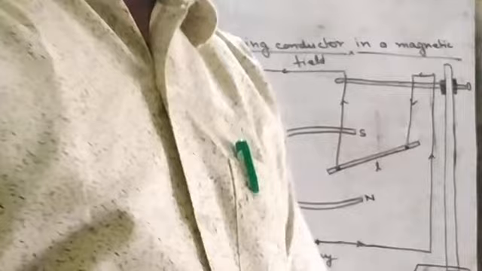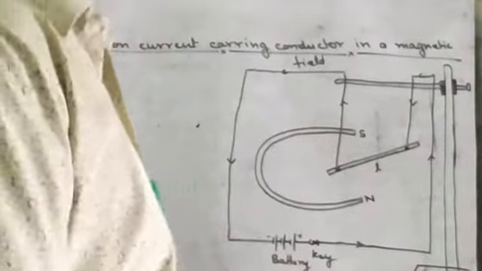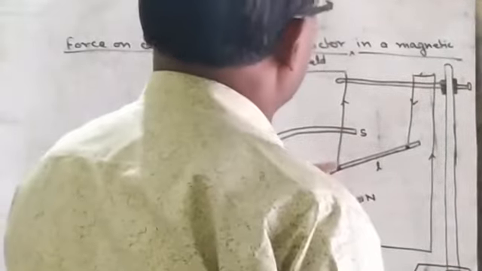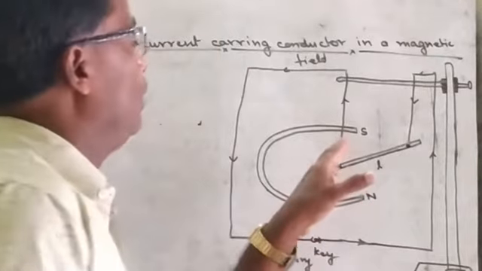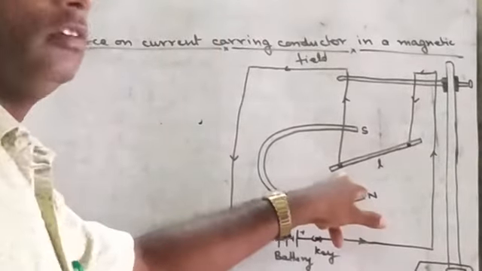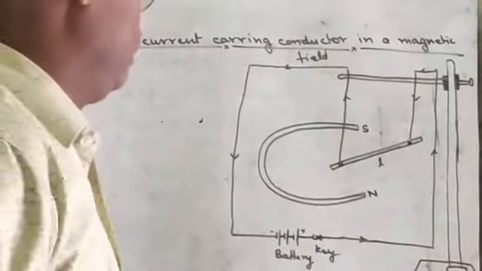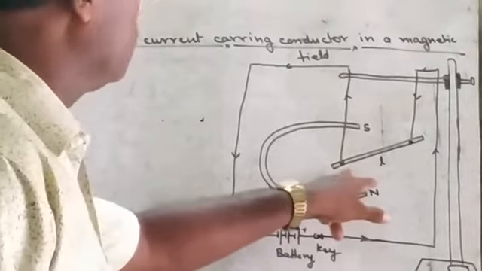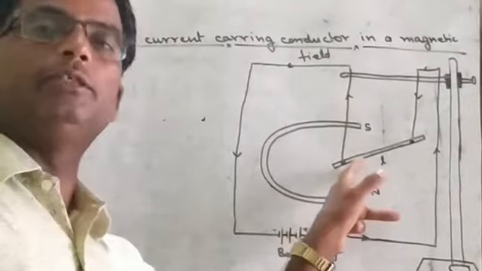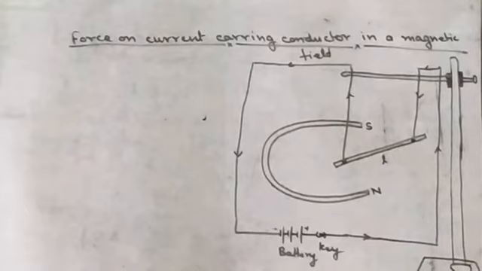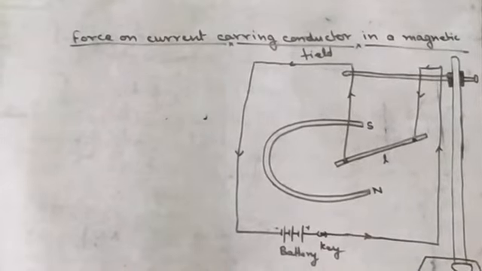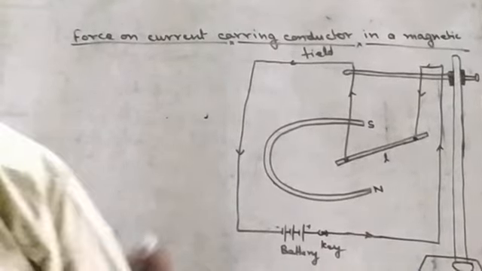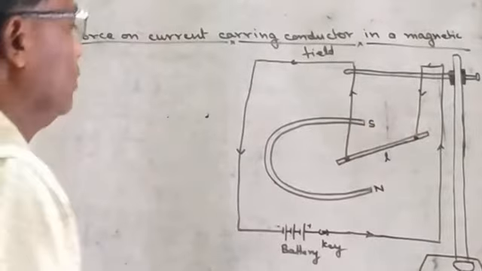Before that I will discuss on which factors this magnetic force depends. This force depends on which factors I will discuss here, or you can say the result of this experiment.